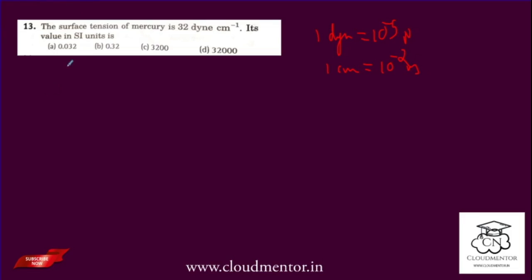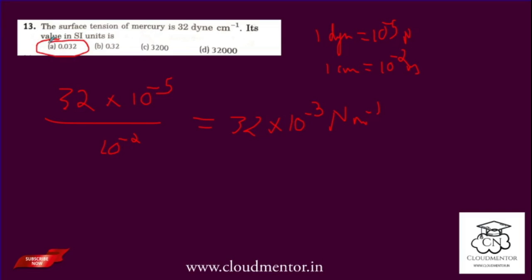So surface tension will be equal to 32 multiplied by 10 raised to minus 5 divided by 10 raised to minus 2, that is 32 multiplied by 10 raised to minus 3 Newton per meter, which is 0.032. So option A is the right answer.